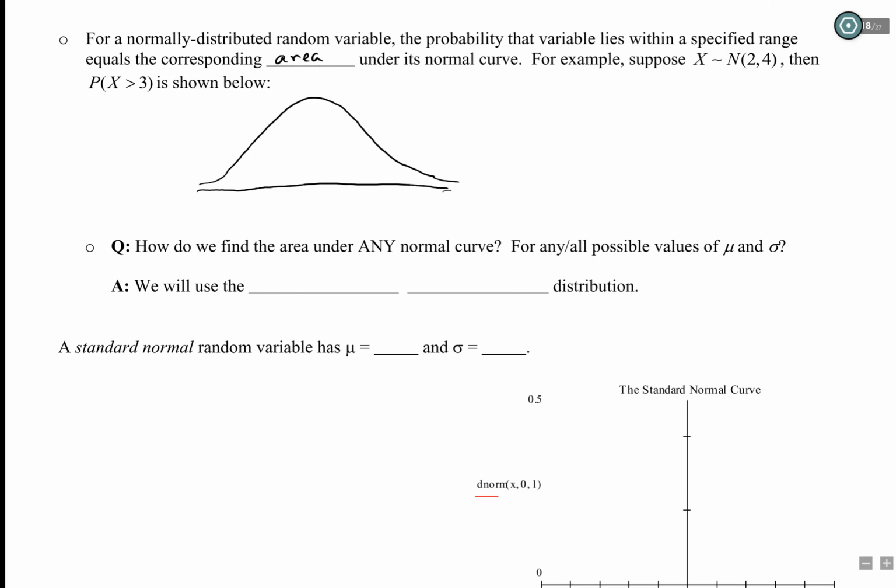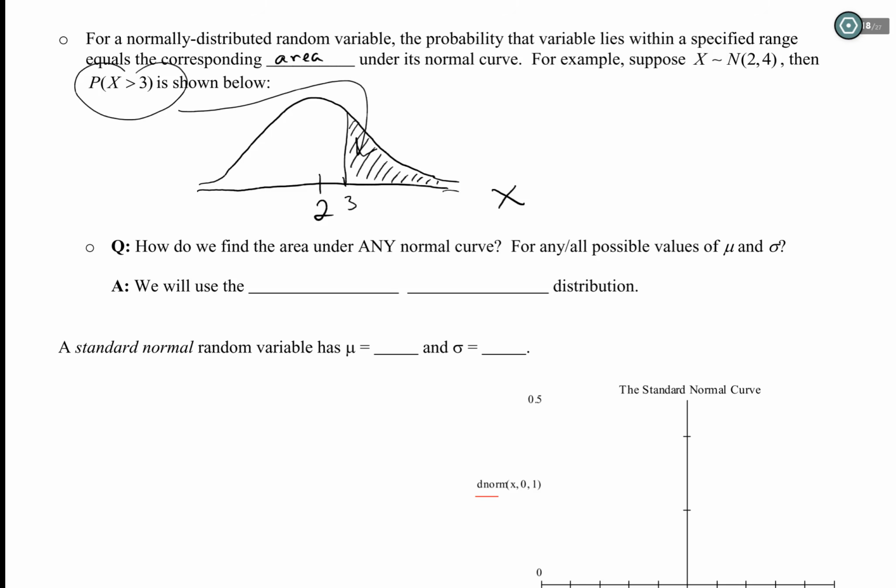So here's my distribution of x. Here is the mean of x, which is 2. Somewhere over here I've got 3. And the area under the curve to the right of 3, that is this probability. Okay? So probability is area under the curve. We had seen that before.